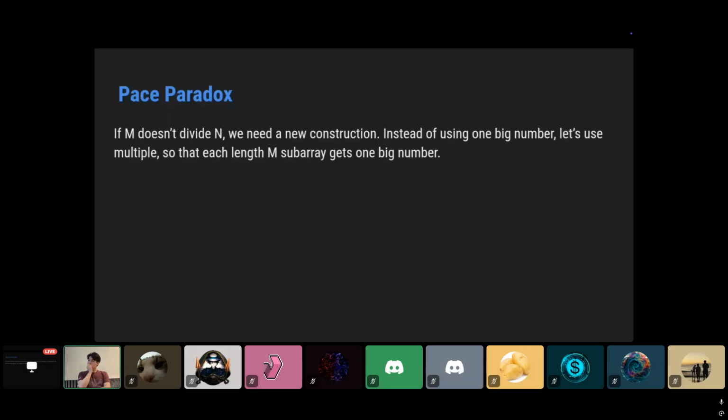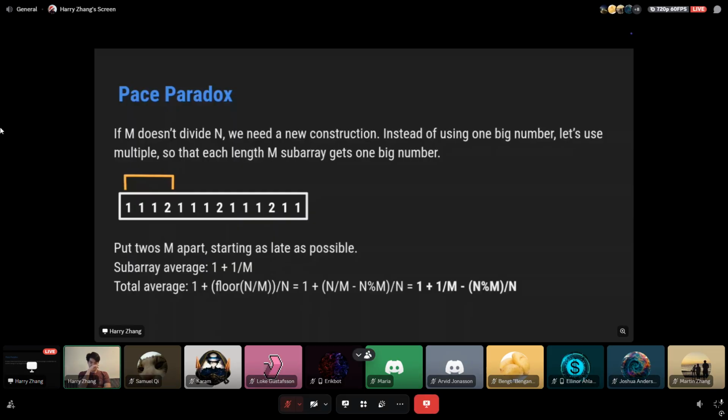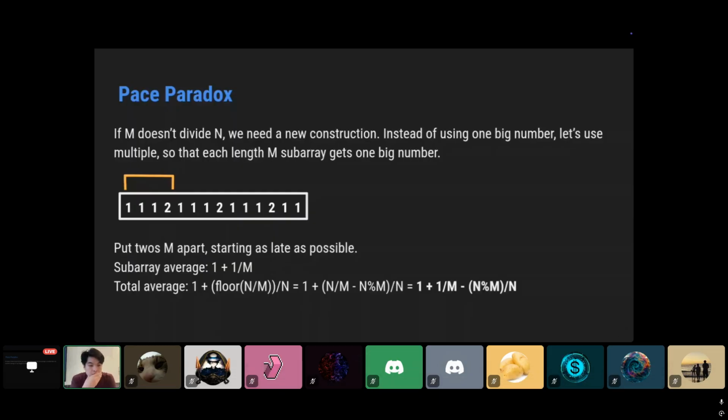And it turns out that we can just put them like this. We put the big numbers spaced m apart. And you try to make it so that there are as few big numbers as possible in the whole array. And you can do that by putting them as late as possible.